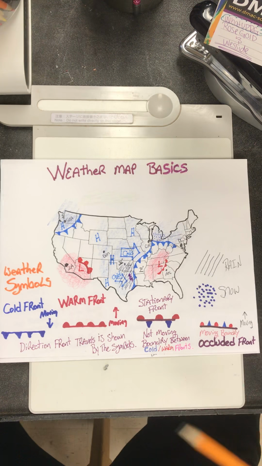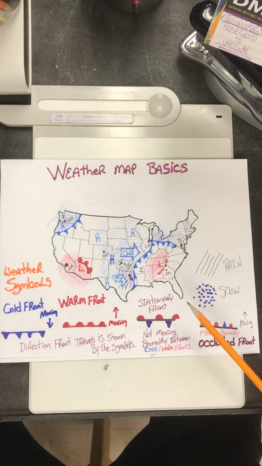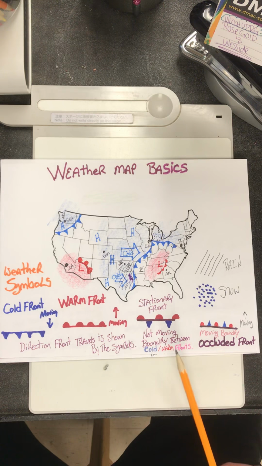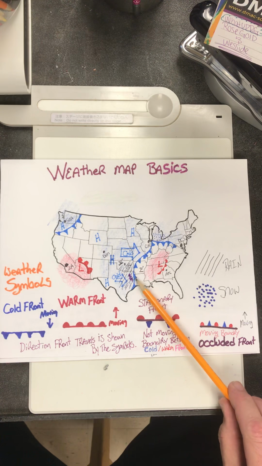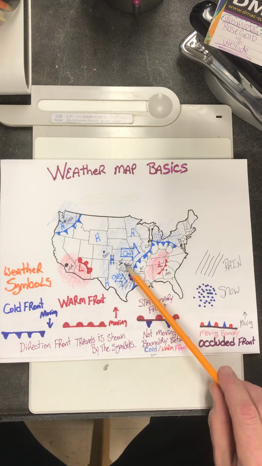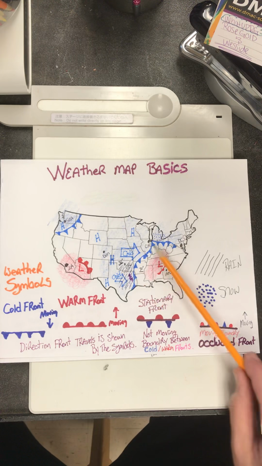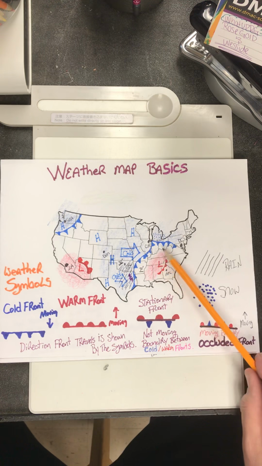Now, if we're going to use this map, what are some questions that we could see from it? I could ask: within the last 24 hours, what cities have seen a decrease in temperature? Well, G-Town, Gilmer here, has seen a decrease in temperature. It's just seen this cold front move through. Oklahoma City right here has just seen this move through. Chicago's just seen it.